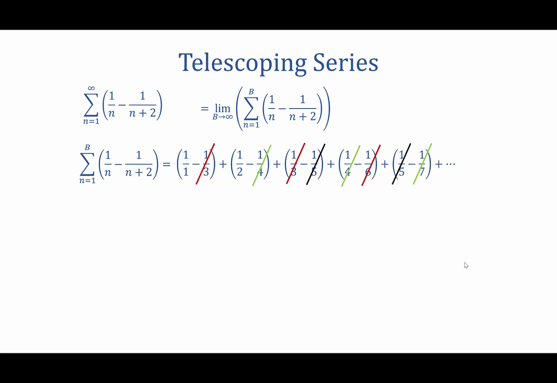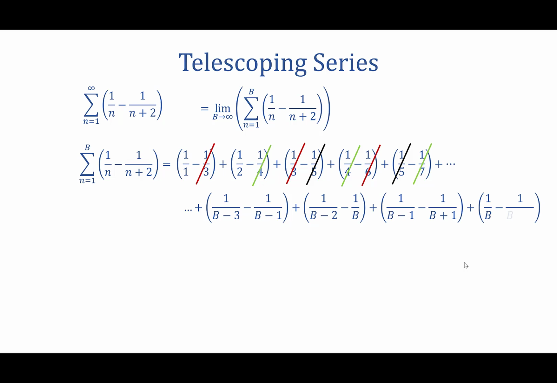What about the terms near the end of this series, when n is equal to b, or b minus 1, b minus 2? Let's write those out. We'll start with the b minus 3 term. The denominators are always differing by 2. The first denominator is always 2 less than the second denominator.